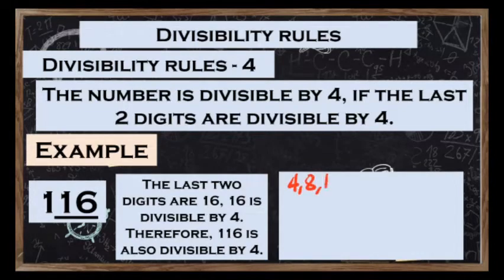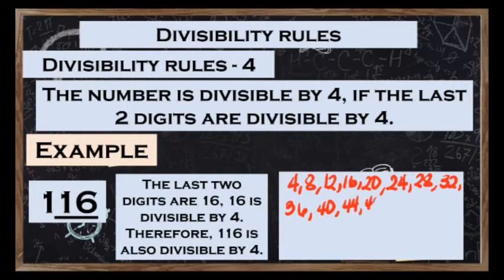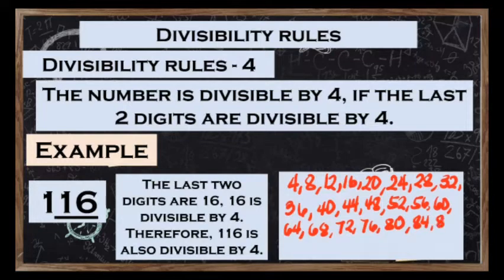We have 4, 8, 12, 16, 20, 24, 28, 32, 36, 40, 44, 48, 52, 56, 60, 64, 68, 72, 76, 80, 84, 88, 92, 96, 100, 104, 108, 112, and 116.